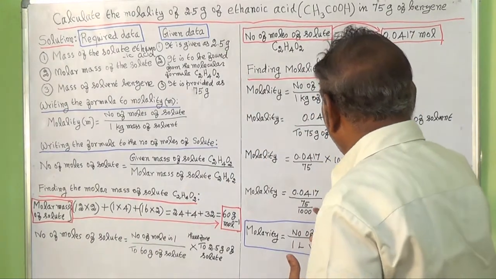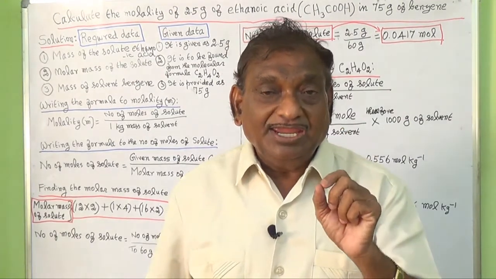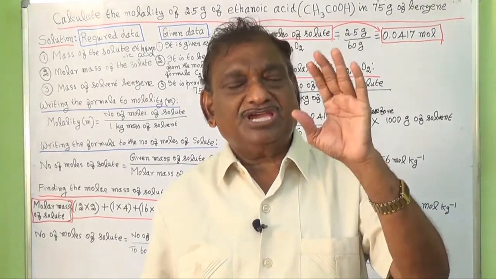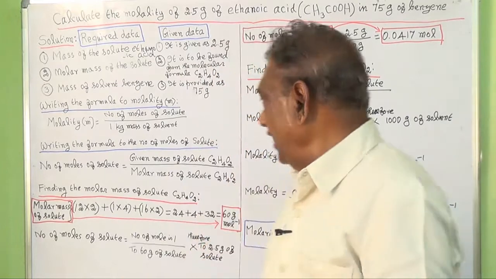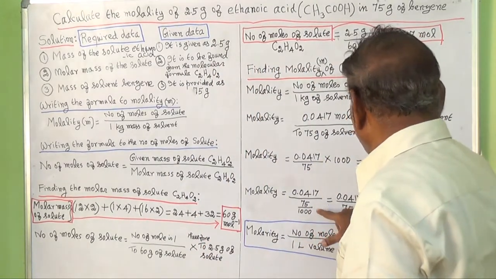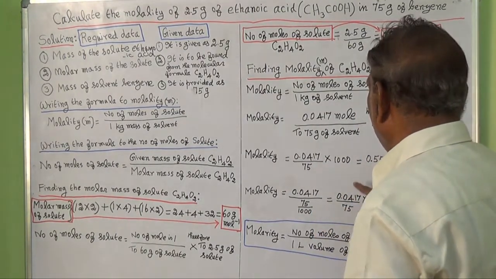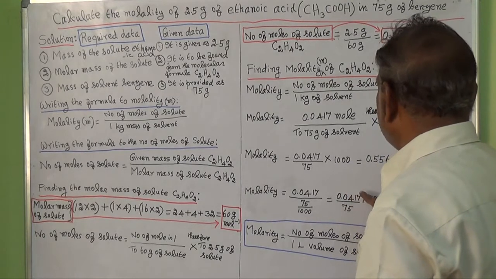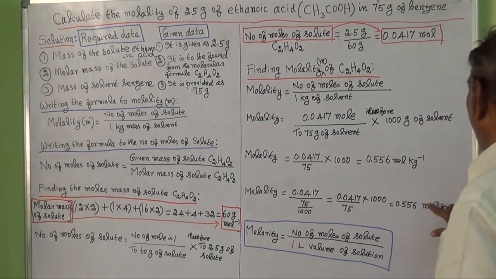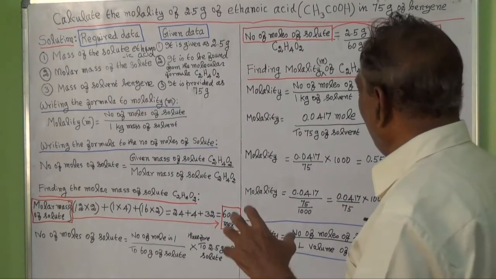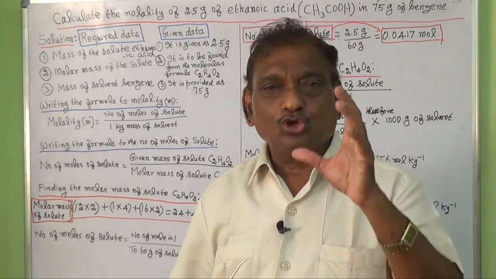So in the denominator, we will get the fraction 75 by 1000. We are well known that in the denominator, if the fraction comes, it should be reciprocated and multiplied, so 75 by 1000 is reciprocated, so that the 1000 has come to the numerator. Then we will get 0.0417 by 75 into 1000 equal to 0.556 mole per kg. This is another way of finding the molality if we know the number of moles of the solute.